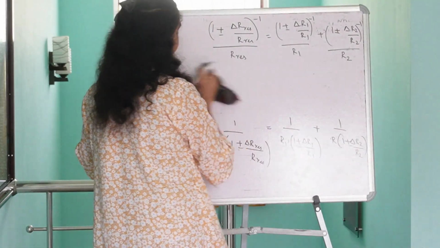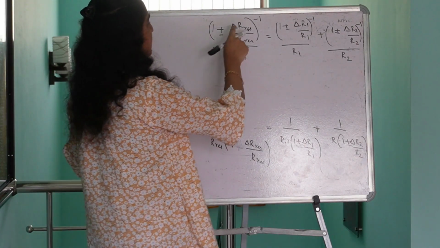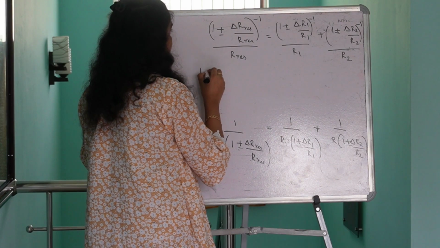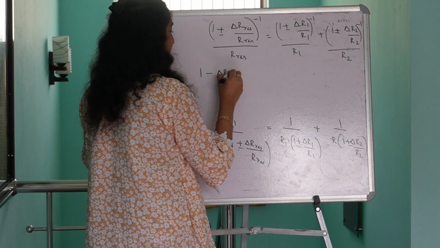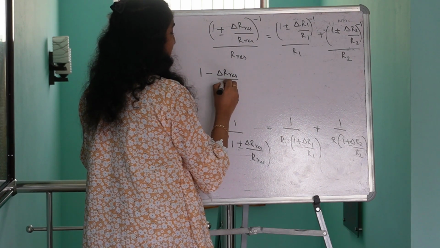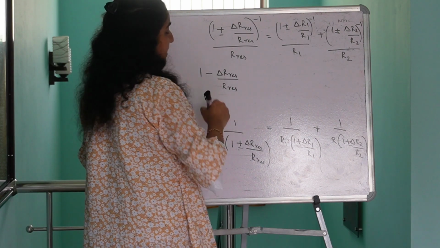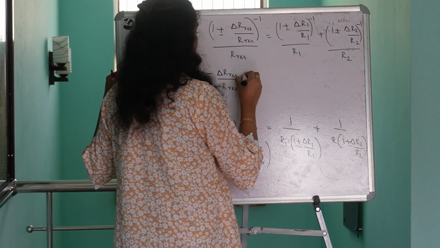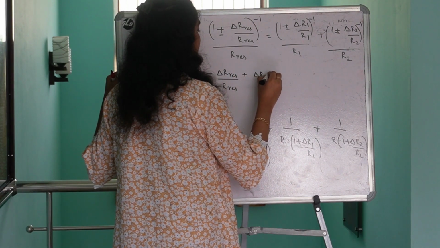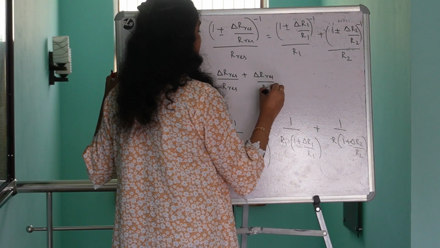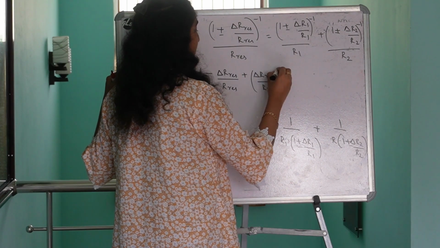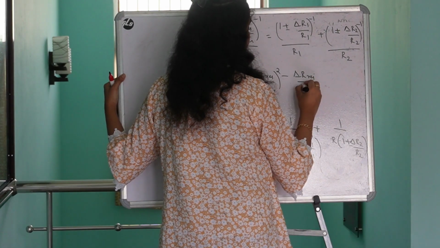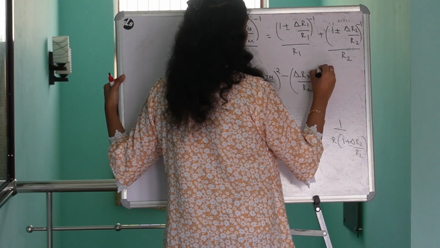So we know what is 1 plus or minus del r resultant by r resultant the whole inverse. We know it is 1 minus del r resultant divided by r resultant plus del r resultant by r resultant the whole square minus del r resultant by r resultant the whole cube, etc.